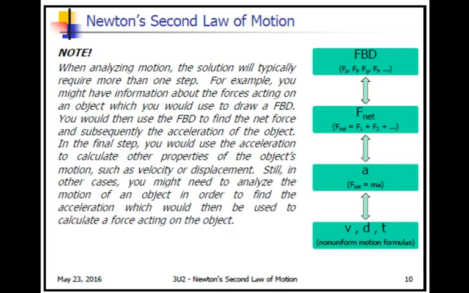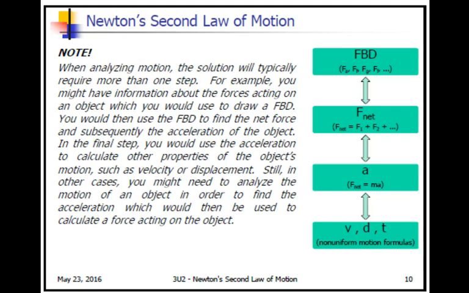Another way that this could work, let's say you're given v, d, and t, and you're asked to find the force applied on an object, but you're given some forces, but not the total resultant force. Well, if you have v, d, and t, you can solve for a.